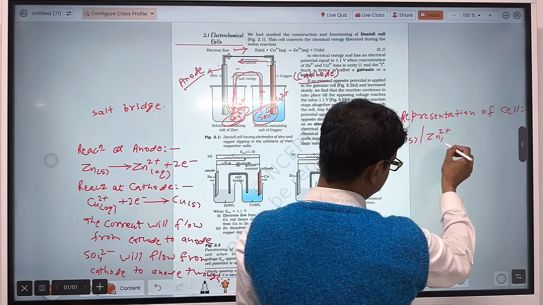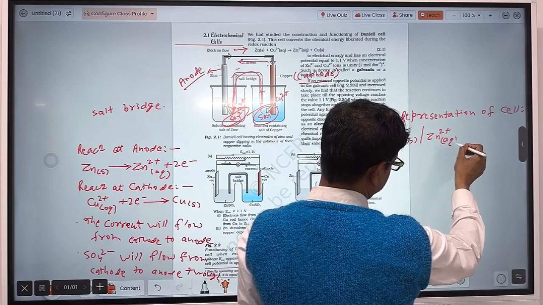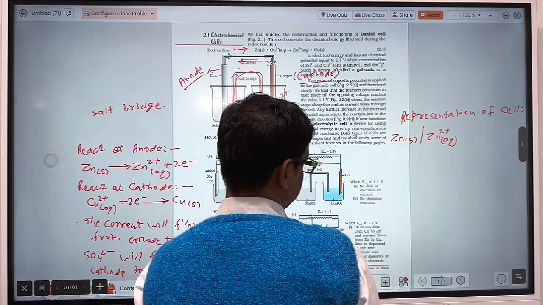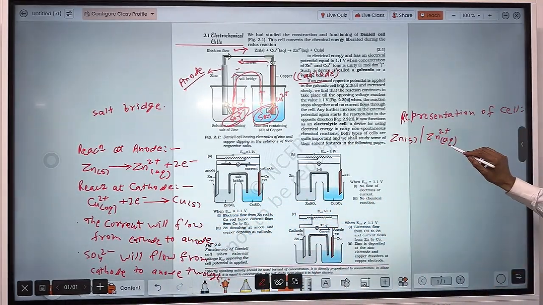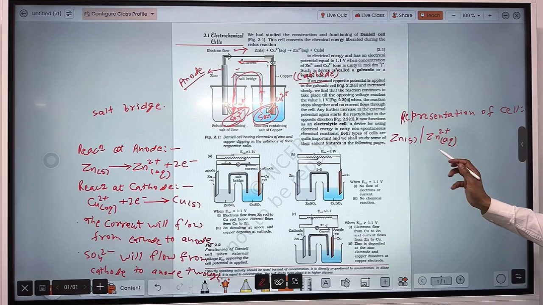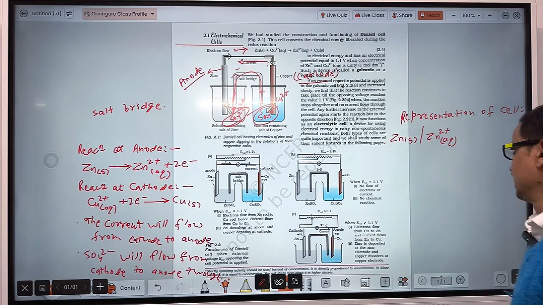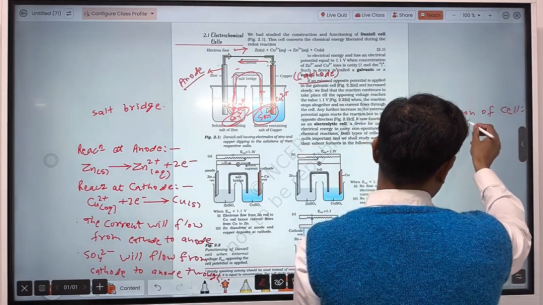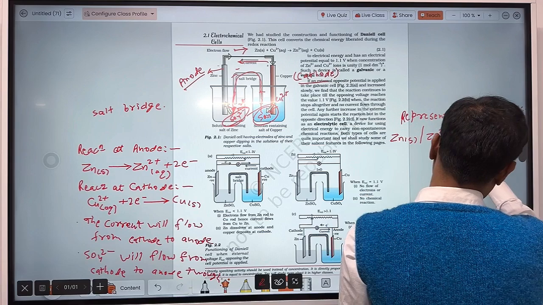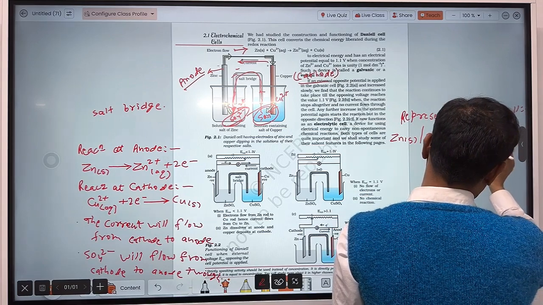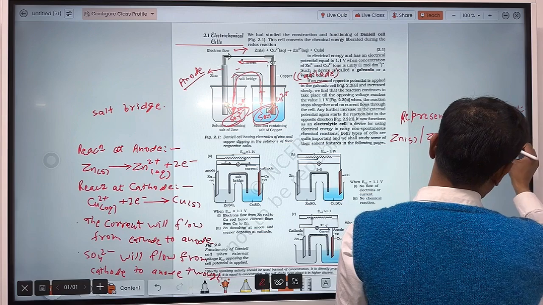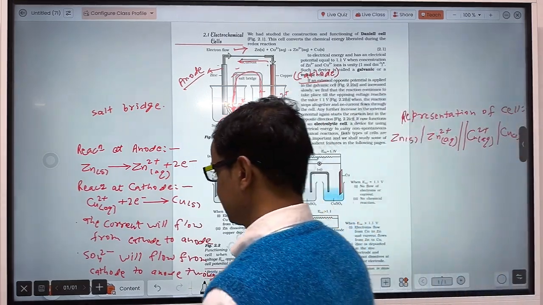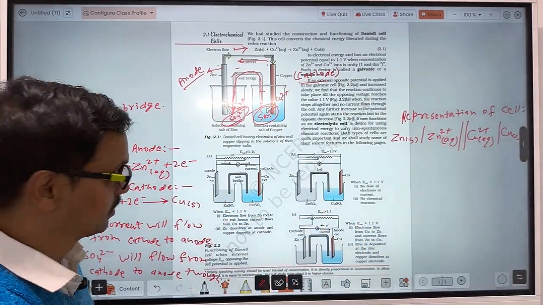So you write the zinc, and for the zinc ion you write the aqueous state; in the question, in place of this aqueous state, the concentration of zinc ion will be written. Then after the double slash, Cu2 plus in aqueous state converts to copper atom in solid state. That is the representation of the cell.